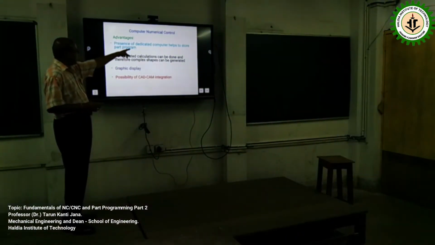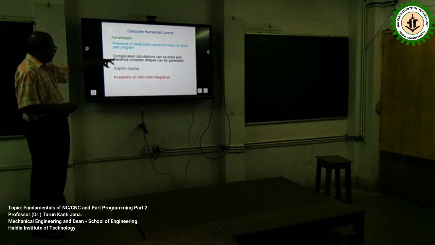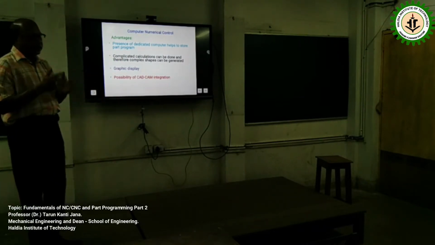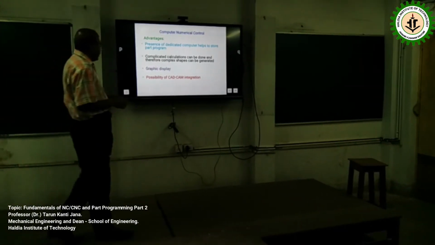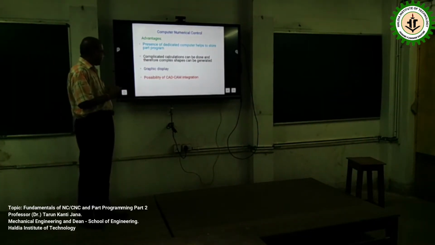So the advantage is the presence of a dedicated computer helps to store part programs. Complicated calculations can be done and therefore complex shapes can be generated. So it is a computer that is responsible for undertaking all sorts of calculations, and that is what makes it possible for complex shape generation.